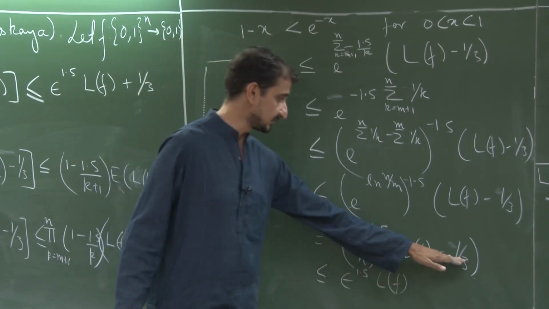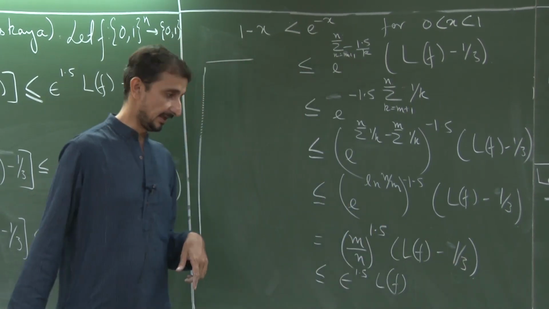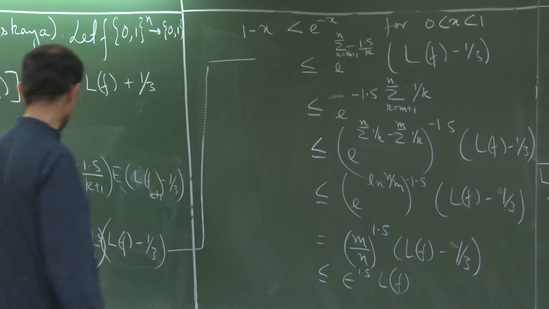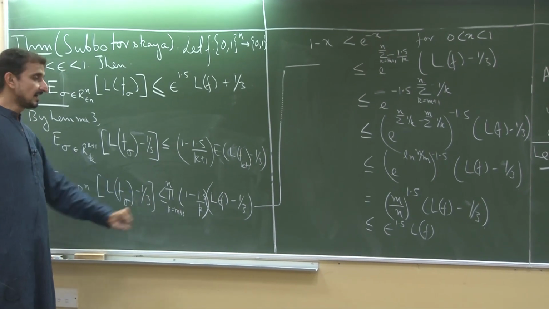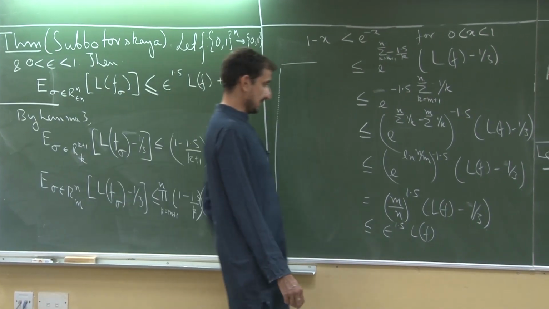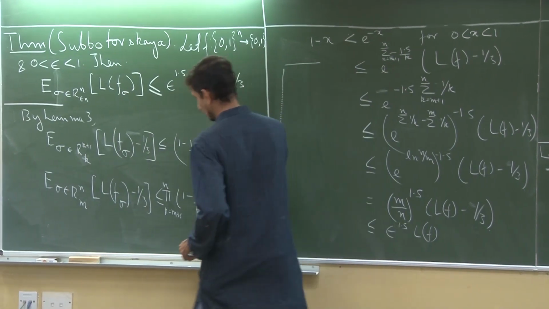Okay. So L of f minus 1/3 is smaller than L of f, and now this 1/3 I can take outside the expectation.